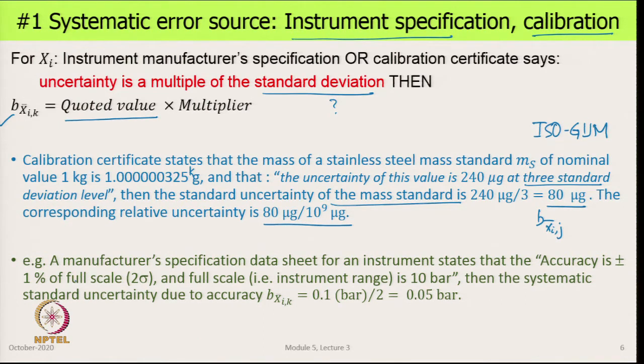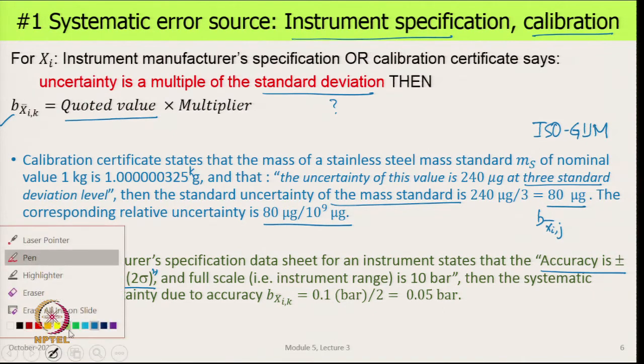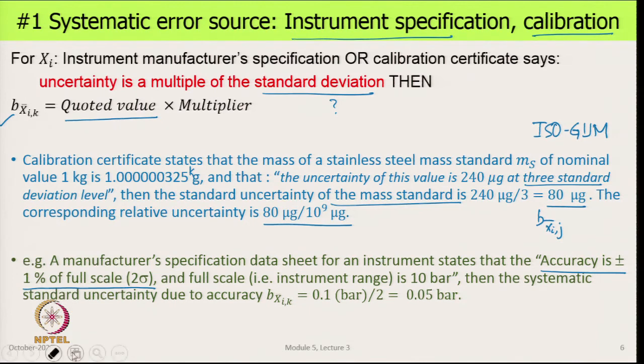The other example: a manufacturer specification data sheet for an instrument states that the accuracy is plus minus 1% of full scale, in bracket 2 sigma. And the full scale instrument range is 10 bar.